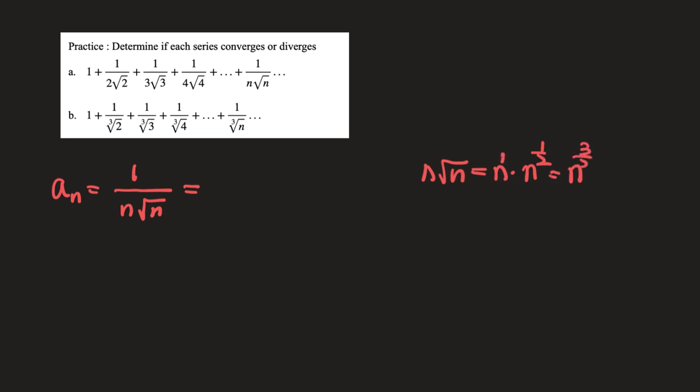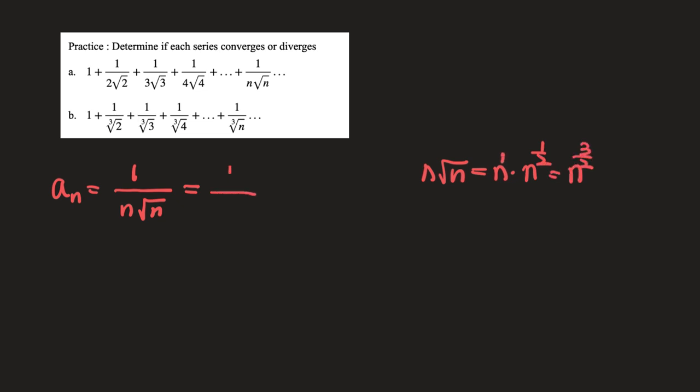Let's see the series right here. I expand the P series, right? The first one is a_n equals 1 over n square root n. Let's simplify this power: n times square root n is n to the 1.5, which is n to the 3 over 2.